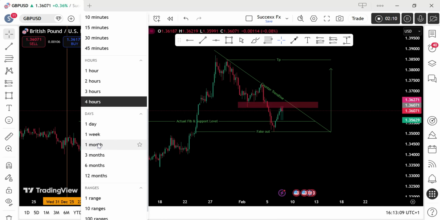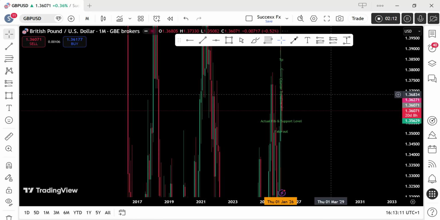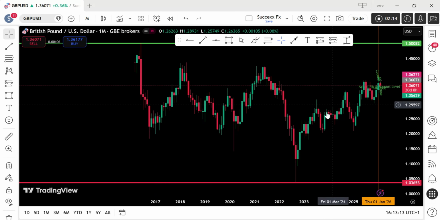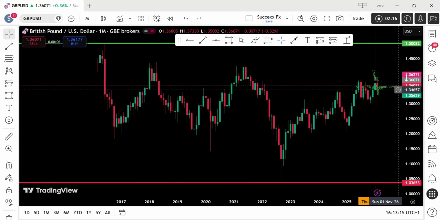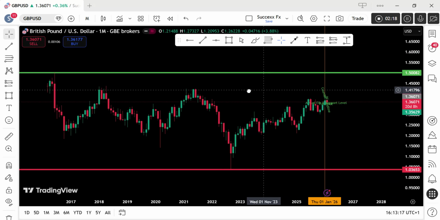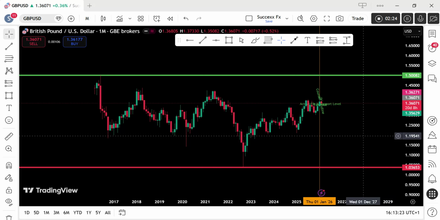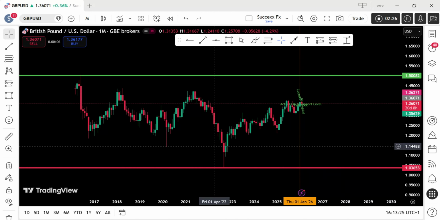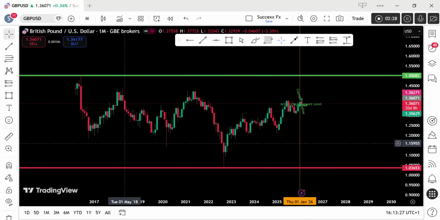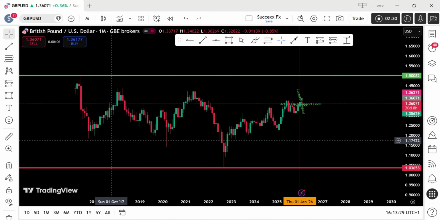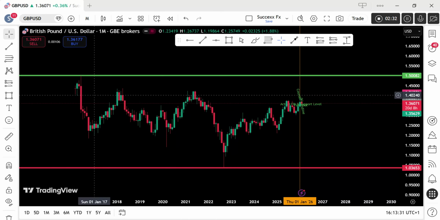So we're gonna start by doing a top-down analysis. I'll go straight to the monthly time frame so that we can have a holistic view of the market. Now, here's one thing I want us to understand about GBPUSD and most currency pairs, right? It's usually stable, because right now you're dealing with a whole country's economy.